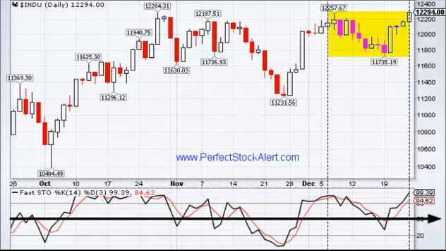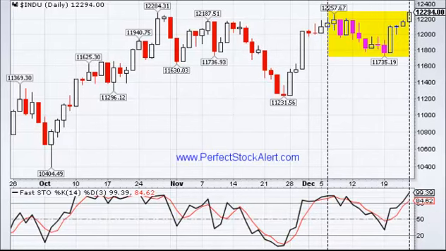When it's below 50, it's considered to be bearish because it's in the lower half of the range, and that's how price activity trades. When people are bullish, they drive prices up to the top of the ranges, like you're seeing back here. When they're very bearish, you'll see the exact opposite. They'll sell it off to the lows of the day.